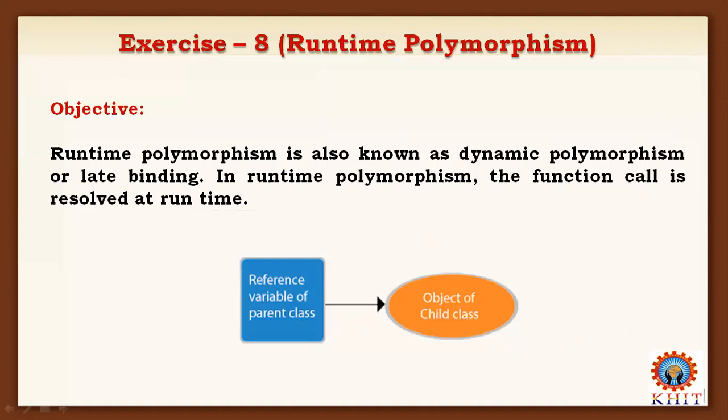In runtime polymorphism, the function call is resolved at runtime. That means generally in creating a class hierarchy using the inheritance concept, polymorphism is achieved by defining the functions in subclasses with the same name as the method defined in the parent class.